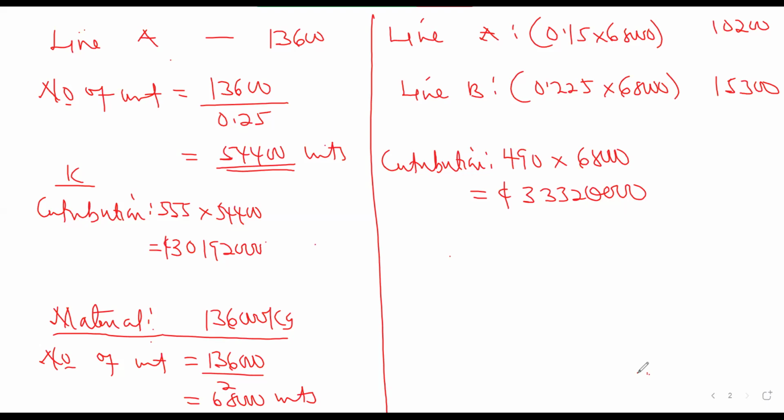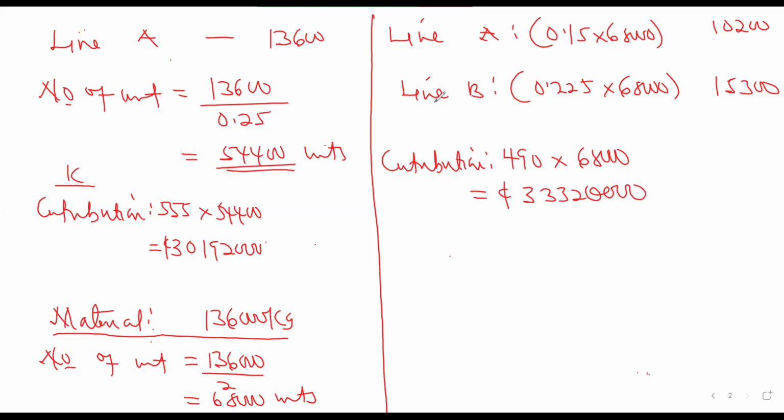If you use the material to determine that, you will be producing product T, product K. But for product K, all the material cannot pass through line A, so it will be limited. So you just have to find your resulting contribution, because the fixed cost will still be the same.